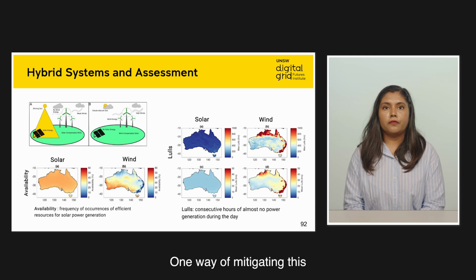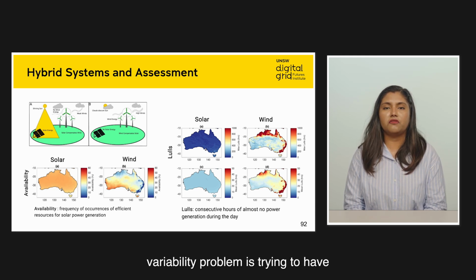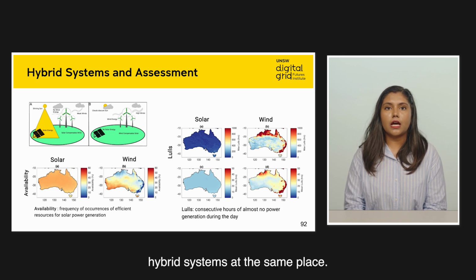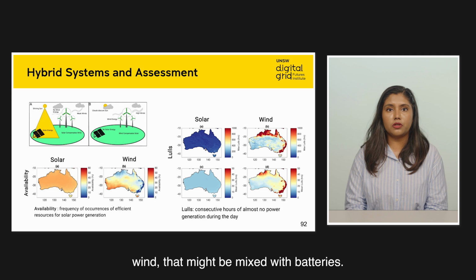One way of mitigating this renewable energy intermittency and variability problem is trying to have hybrid systems at the same place. So basically what is happening is in the same location you have both your solar and wind, which might be mixed with batteries.